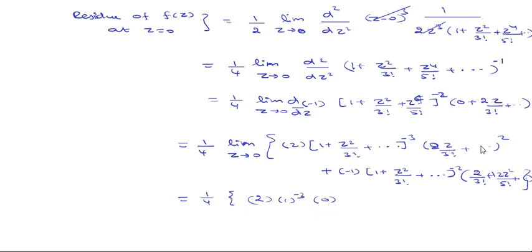When you apply z equal to 0, all terms with z will become 0, plus minus 1, so here 1 plus 0, so 1 power minus 2, and here it is 2 by 3 factorial, 6, and rest of the terms are 0. So this is equal to 1 by 4 times minus 2 by 6, so this is equal to minus 1 by 12.